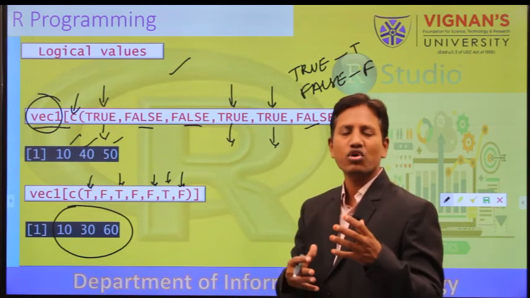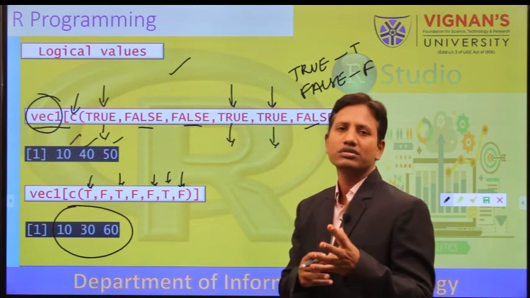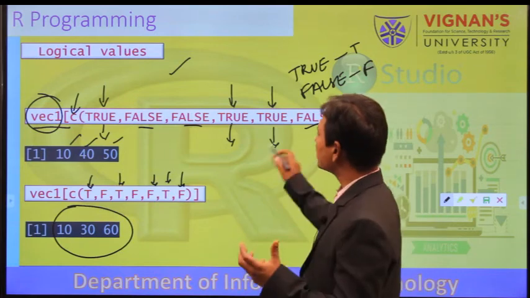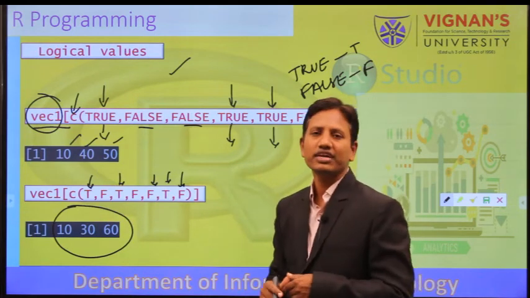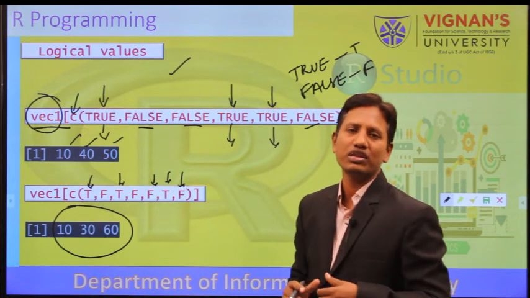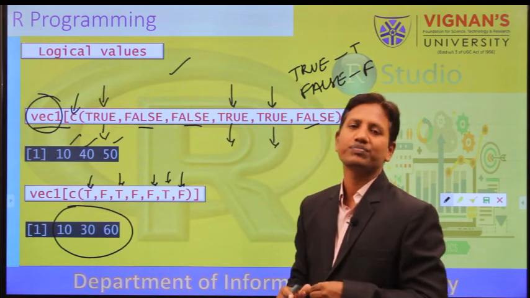When I use the less than operator, greater than operator or and operator, how is this sequence going to be generated, and by using that sequence how are we going to access and select the values, we are going to see.